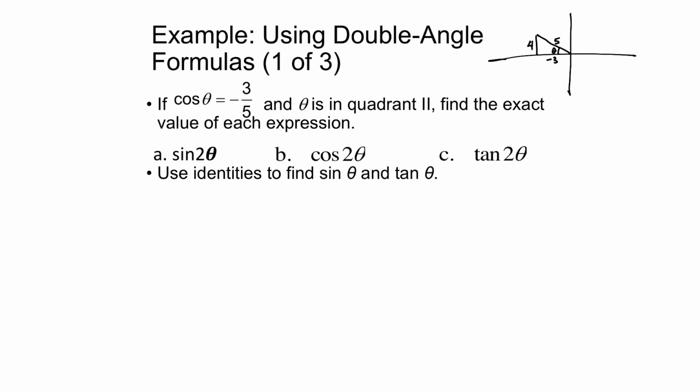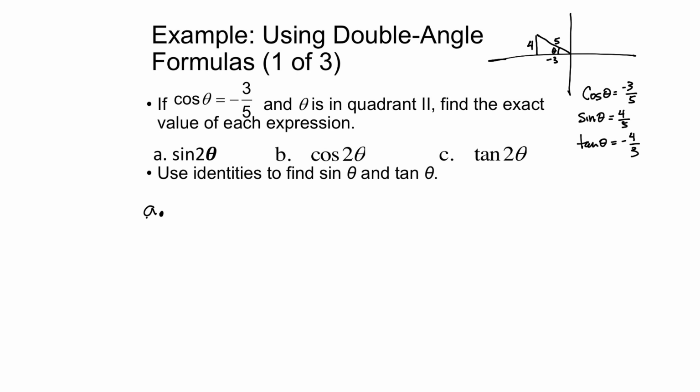So we'll start off with sine. And actually, before I do that, we're told cosine of this theta is negative 3/5. Sine of theta then would be 4/5. And tangent theta would be opposite over adjacent, so negative 4/3.